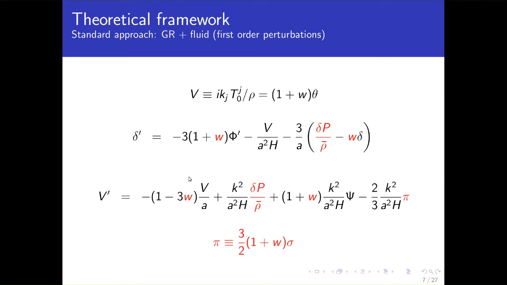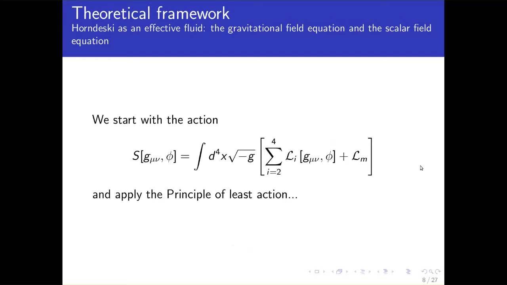So that's what we want: to map the Horndeski theories into a fluid with this kind of equations, having a particular equation of state, pressure perturbation, and anisotropic stress. Okay, good. So we can start from the action for Horndeski.